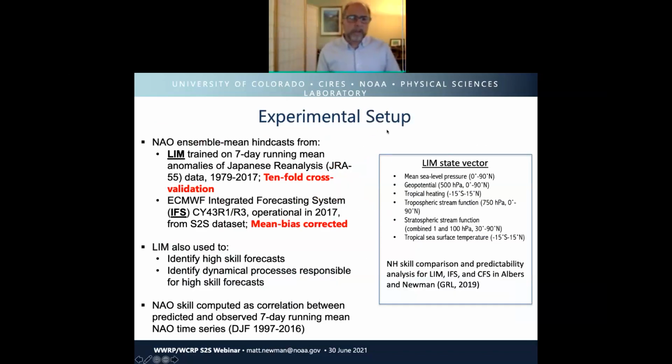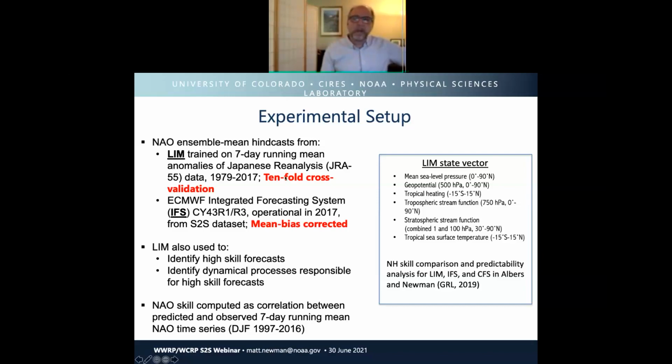So the way we've done this here, we're focusing in this talk just on the NAO. So I'm going to show NAO ensemble mean hindcast from the LIM. And in the LIM, we've trained it on 7-day running mean anomalies from the JRA-55 for the 1979 to 2017 period. And we use a 10-fold cross-validation to get quasi-independent hindcast skill.